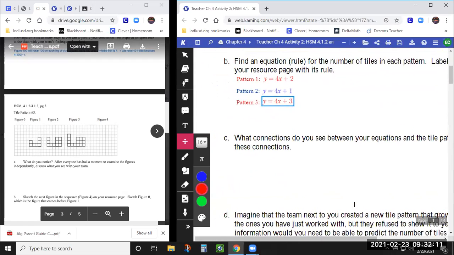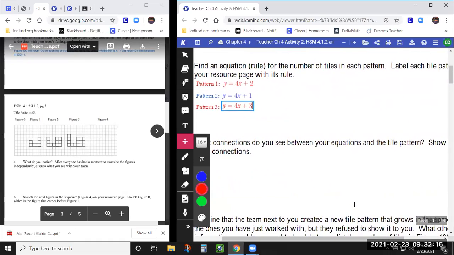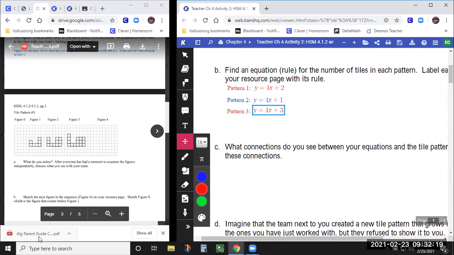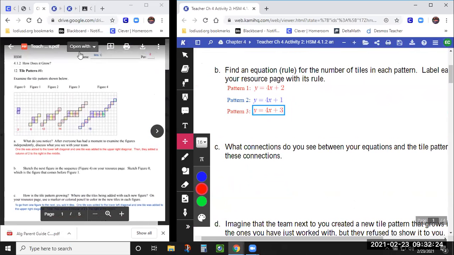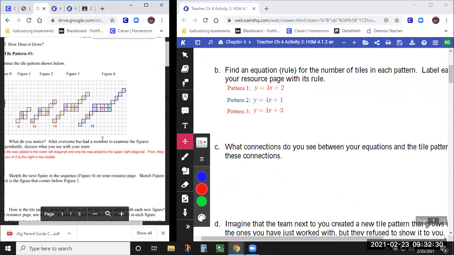So what connections do you see between your equations and the tile pattern? So we're talking about visually. What connections do you see between the equations and the tile pattern? So let me make this a little bit bigger.